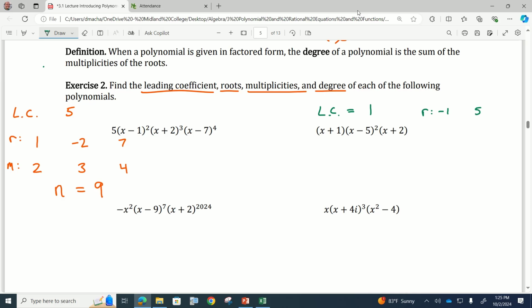Perfect. -1, +5, and -2. What are the multiplicities of these roots? 1, 2, and 1. Very good. Then what's the degree of this polynomial? 4. Because 1 plus 2 plus 1 is 4.